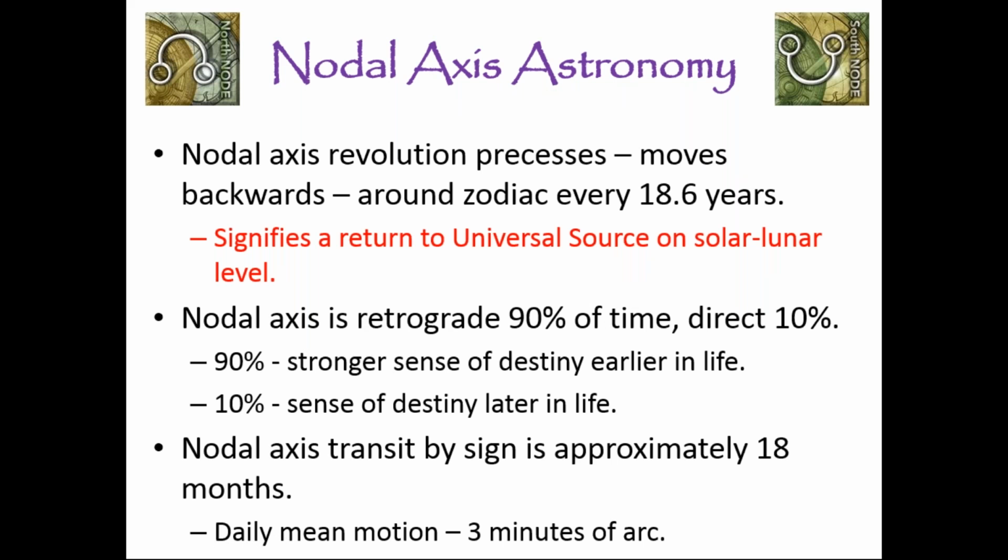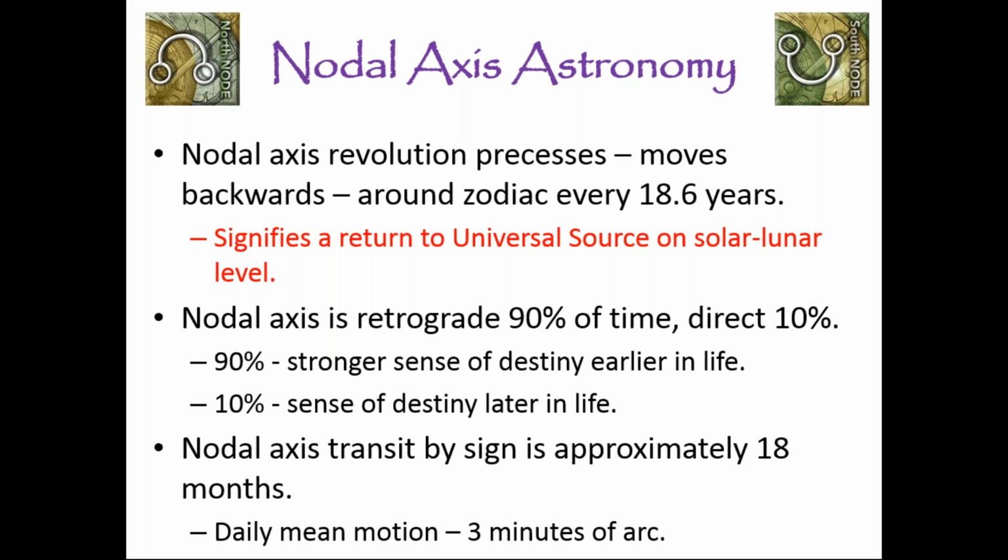The retrograde motion of the nodal axis in general will signify a return to universal source on a solar lunar level. The nodal axis is retrograde 90% of the time, it's direct 10% of the time. For those of you who were born with the nodal axis retrograde, the 90% of you, there is a stronger sense of destiny earlier in life.